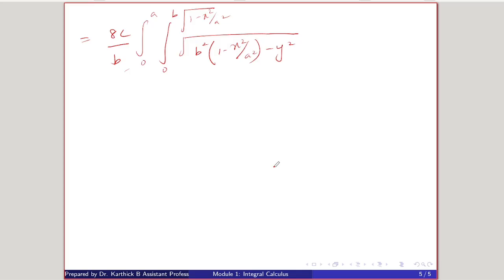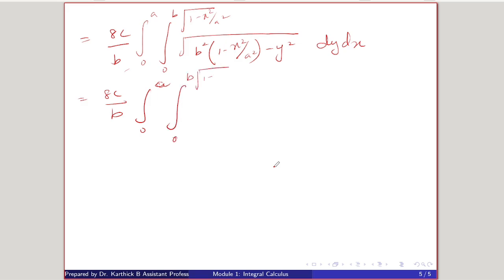Okay, then dy by dx. Then again the limit is 0 to a. In order to simplify this term, I may do one more step.